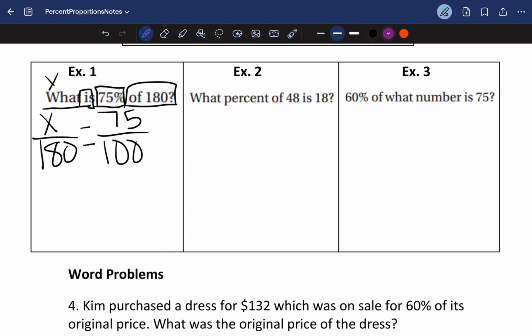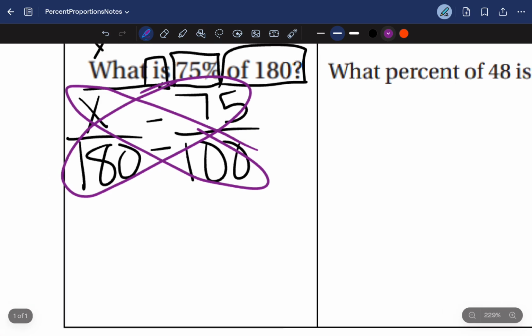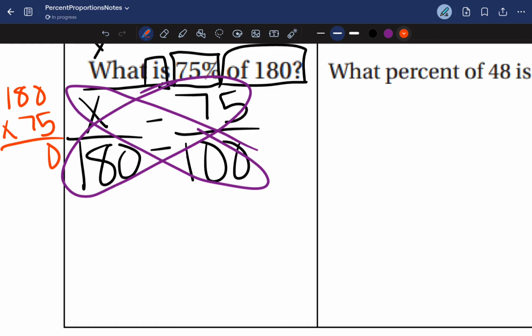Now, just like we've been doing these last few days, we're going to cross multiply, and then eventually divide. I'm going to use the space over here and do 180 times 75. 0 times 5 is 0. 5 times 8 is 40, so I have 0, carry the 4. 5 times 1 is 5, plus 4 is 9.